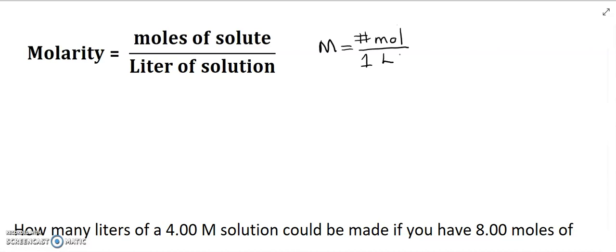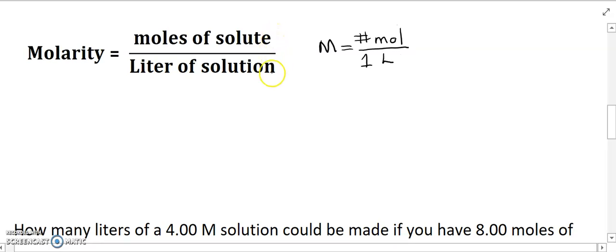Sometimes you're given a problem and they give you the number of moles and the number of liters, and you just divide. But frequently in a chemistry problem, you'll be given liters or moles and asked to find the other. In other words, they'll give you a molarity and you'll have to use it.